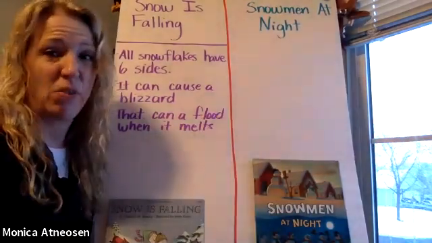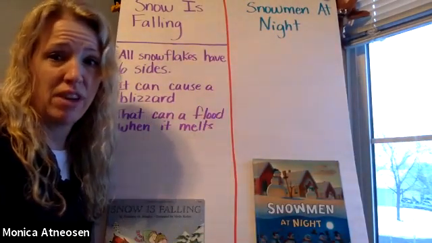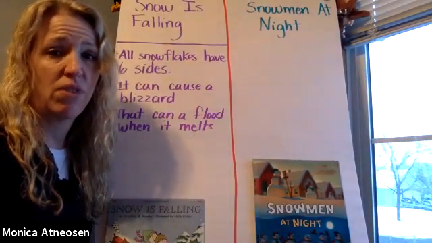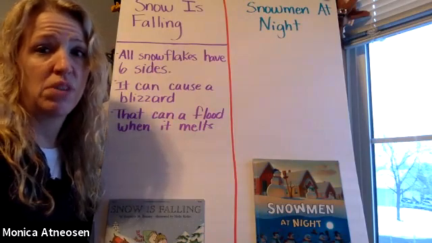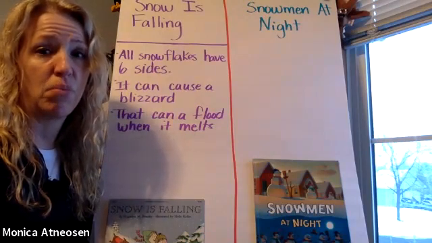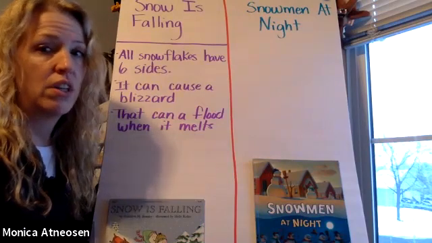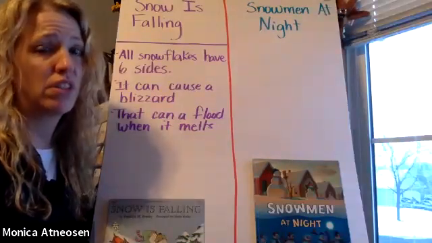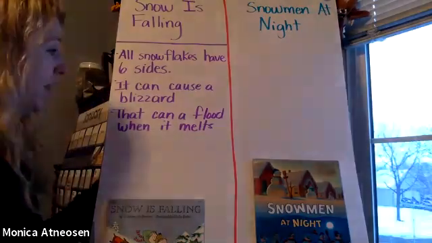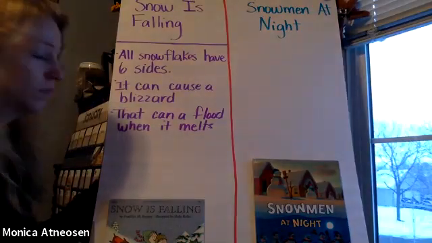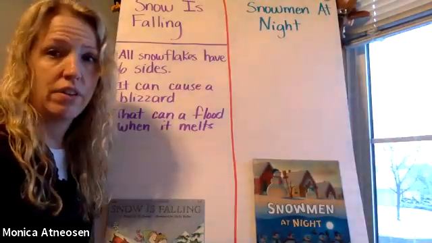And that was bad for people and bad for animals. Our houses get full of water. The animals have to scatter and go find a new place to be so they're not drowning in all that water. So that's a couple of ways that snow can be bad that we learned about. But snow can be good.